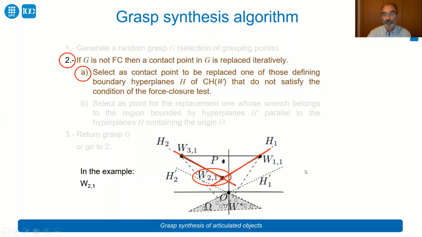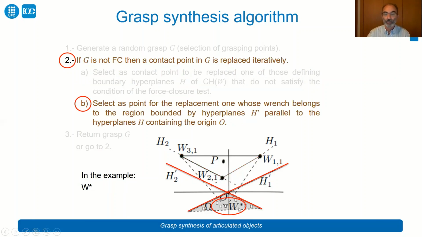Once we have selected this point, we select another point that will replace this one. And this is done by looking for it in a region of the generalized range space determined by hyperplanes parallel to those that were previously used to select the point to be removed. So this determines a region. We choose randomly any range in this region, and we replace the preselected one.